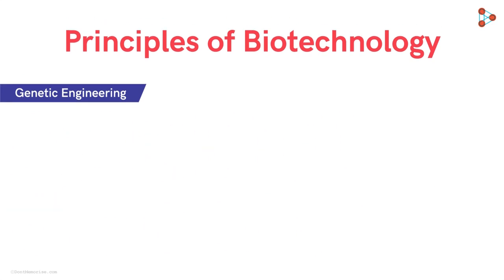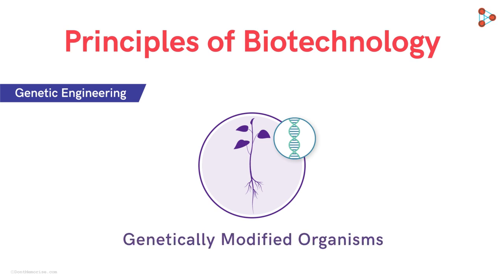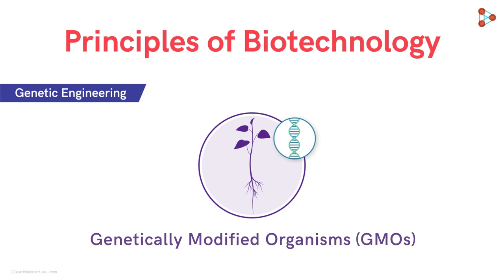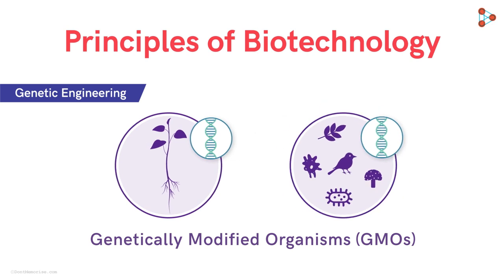When genetic engineering is applied to modify organisms, they are known as genetically modified organisms, abbreviated as GMOs. And what organisms can be modified with this technique? Almost all living organisms can be modified with the help of genetic engineering. What kind of applications does this serve?